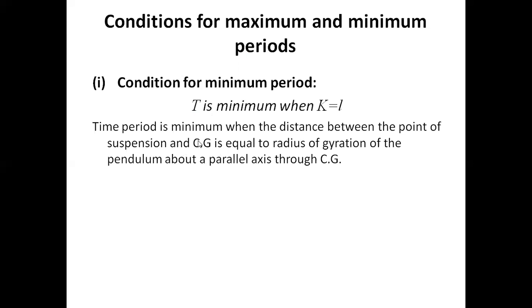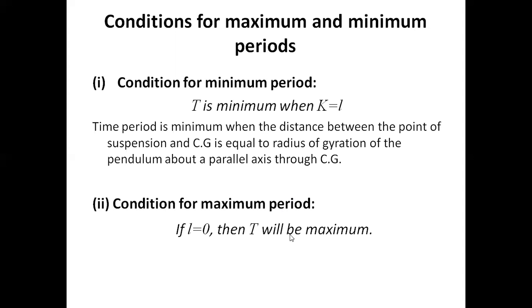That is, the time period is minimum when the distance between the point of suspension and the center of gravity is equal to the radius of gyration of the pendulum about a parallel axis through the center of gravity. Then the condition for the maximum time period. In the equation for the time period of a compound pendulum, we have L in the denominator. So if L equals 0, the time period will be maximum.